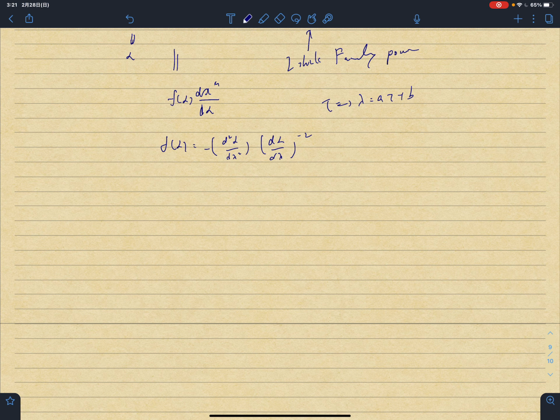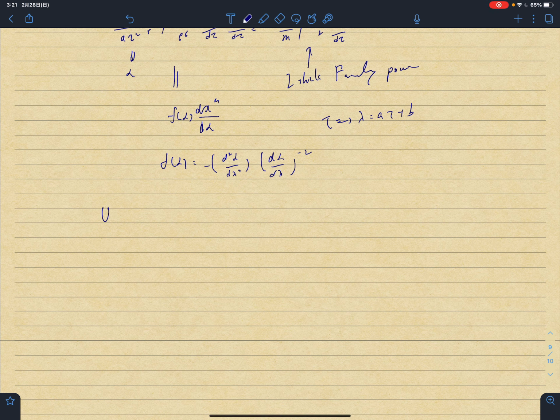Affine parameter. We can write the equation in terms of u mu, u lambda d lambda u mu.